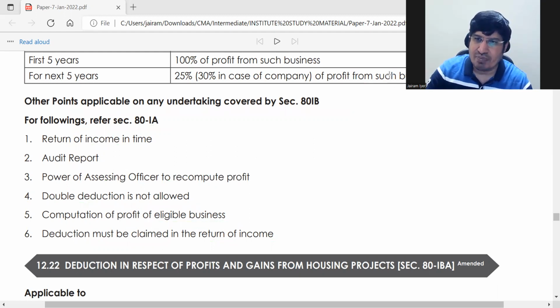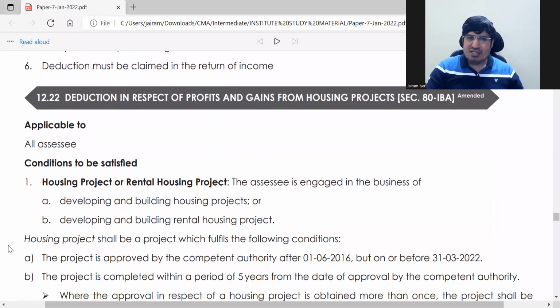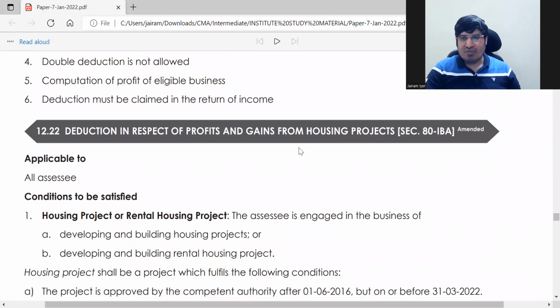So our main part is done here. Very little is left. I will post this going from 80 IBA to the end. Very little is left. I think just one more lecture, that too a short one, will be required for this. I would say a 1 hour lecture probably will do.